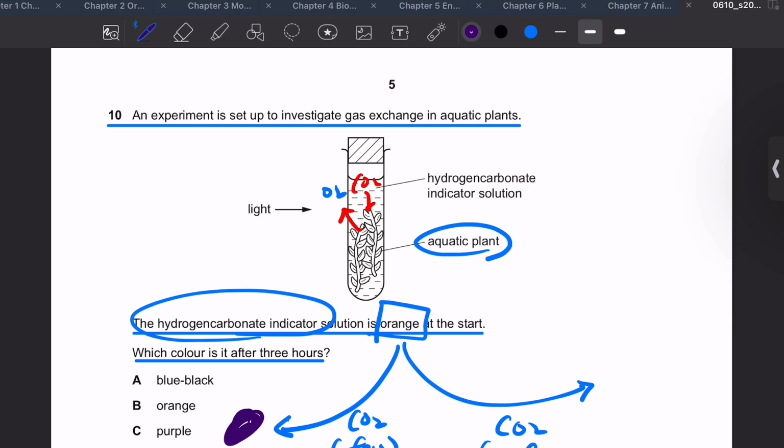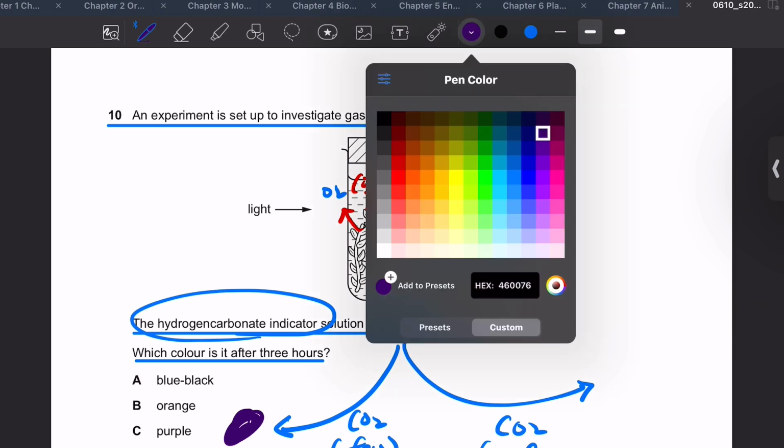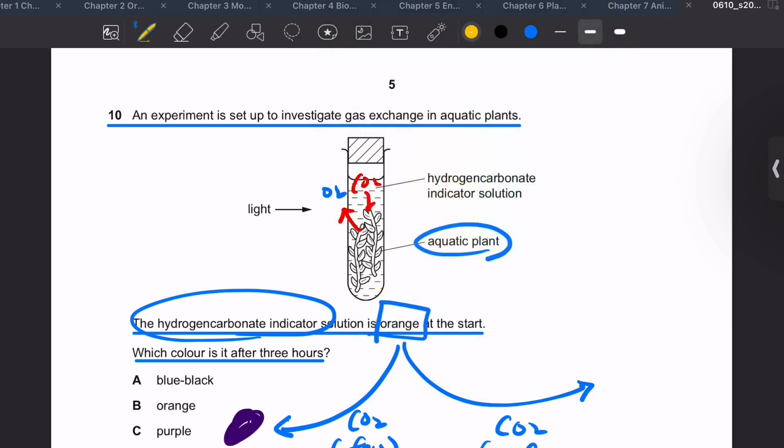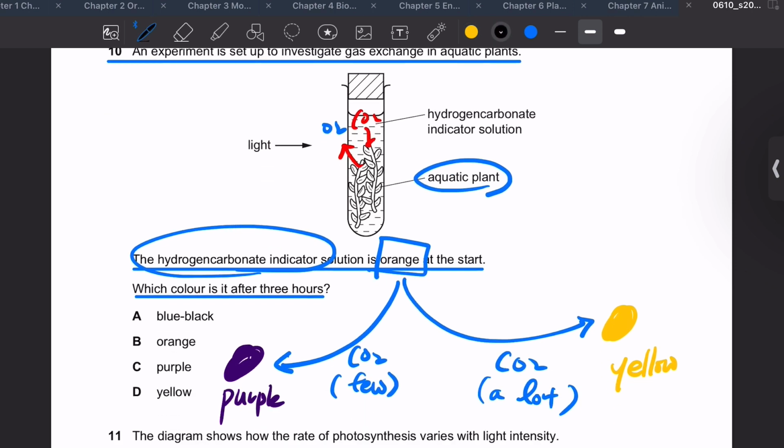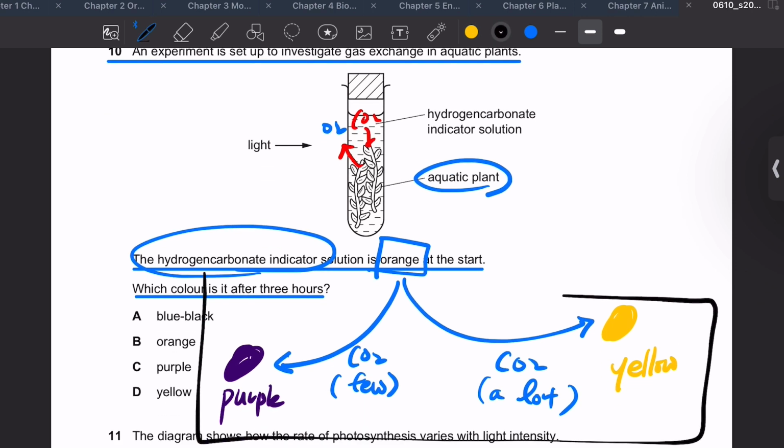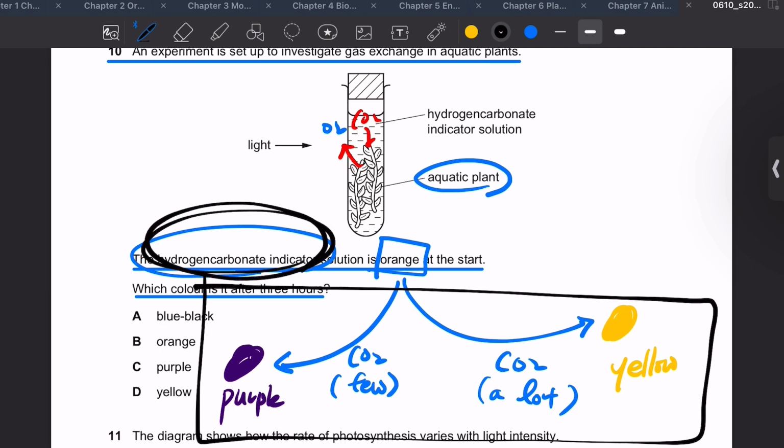So this is just like a rule. It just happens. If there's a lot of CO2 molecules, then the color will change into yellow. This is something you guys should just memorize. So hydrogen carbonate indicator will change the color to yellow if there's a lot of CO2.